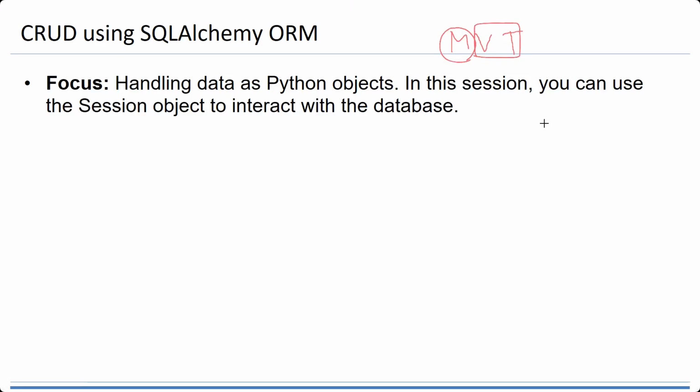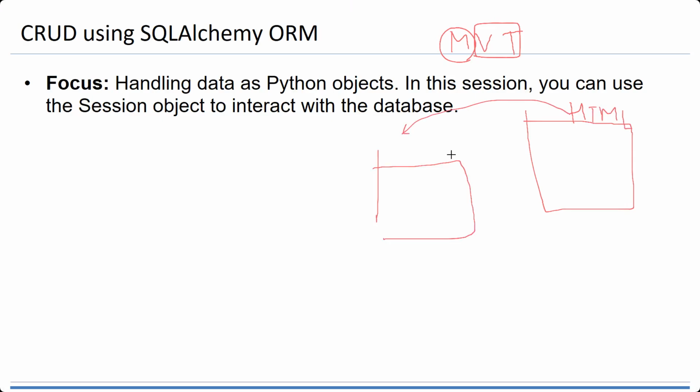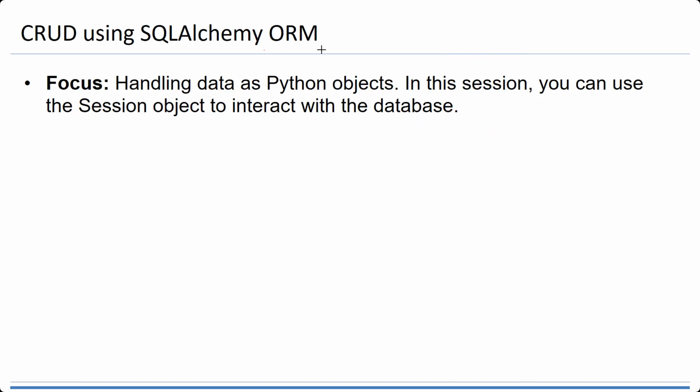Let's say some users connect to the HTML. They cannot directly connect to the database, so they cannot use the GUI directly. They need to use the HTML to connect to the database. So we need to define using the ORM. We need to handle the data as Python objects. So in this session, you can use the session object to interact with the database.